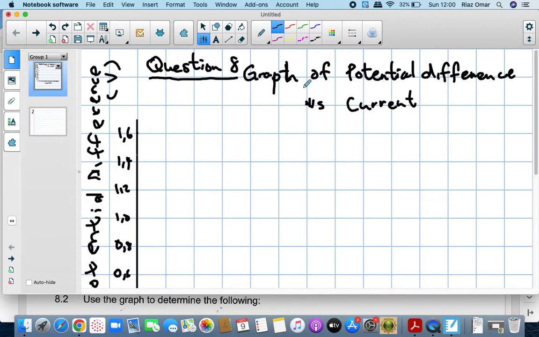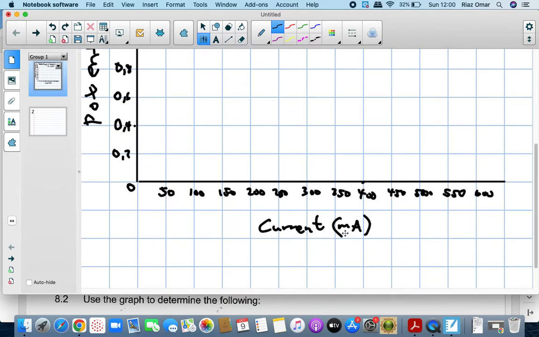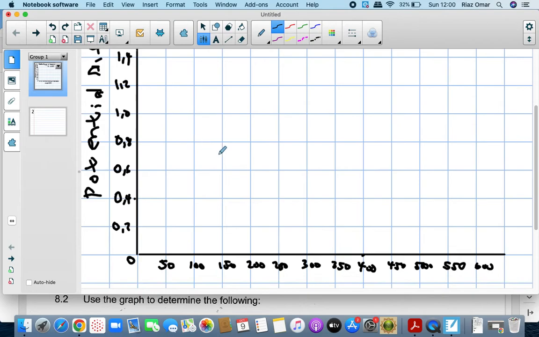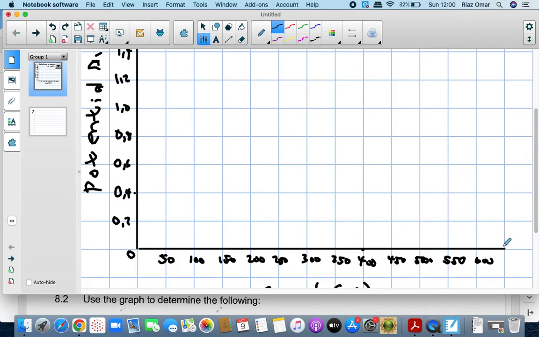You put your heading, you put a label on the axis, and you must put the unit on the y-axis, and on the x-axis you do the same, current measured in milliamperes. You label it properly. Alright, and then from there you can basically work out your values. So you use the graph paper provided, right? This will be there, and this will be there.